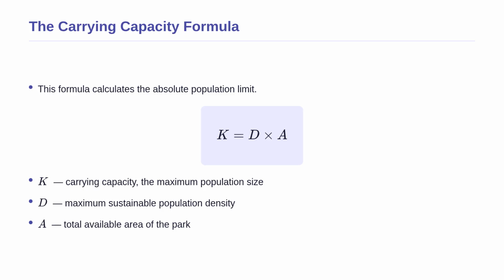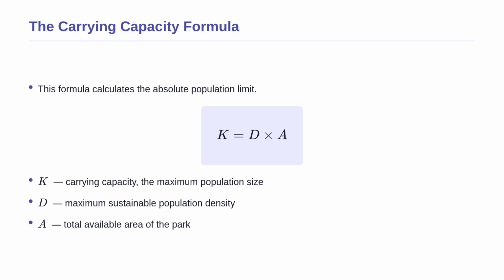To calculate this hard mathematical ceiling, ecologists use a very straightforward formula. K equals D times A. Let us define these terms. K stands for the carrying capacity, which is the absolute maximum number of individuals the park can support. D represents the maximum sustainable population density, typically measured as the number of animals per square kilometer.